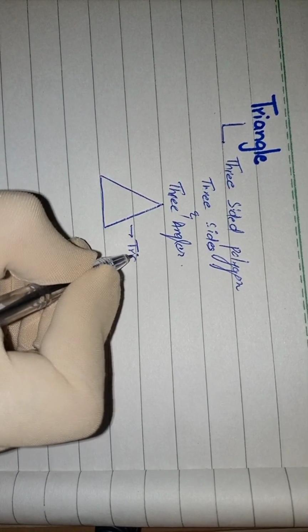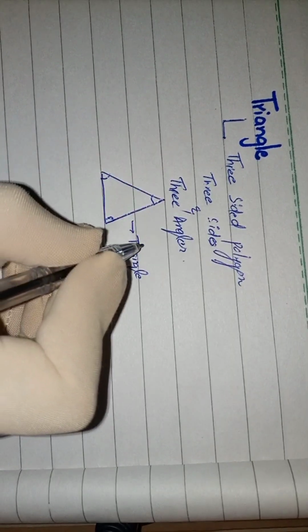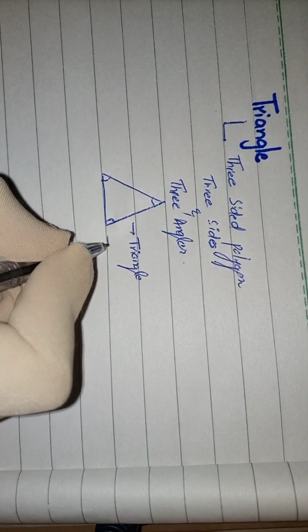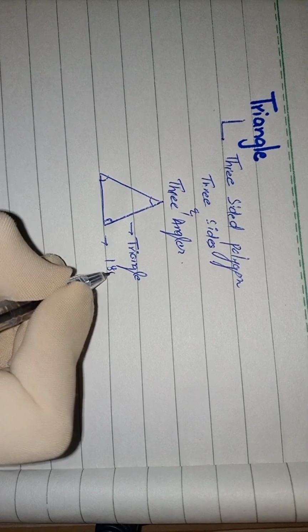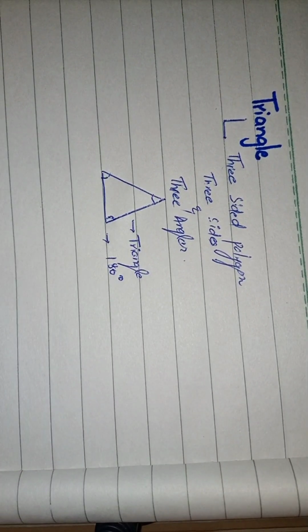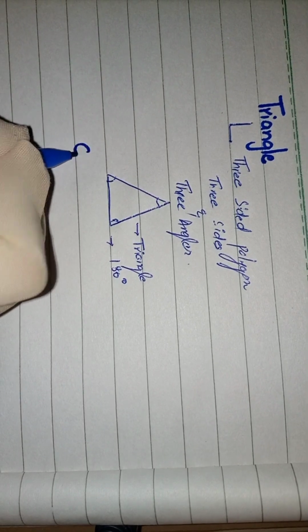This three-sided polygon is named the triangle. The sum of the interior angles of a triangle is always equal to 180 degrees. This is a triangle. Now, what is the classification of the triangle?